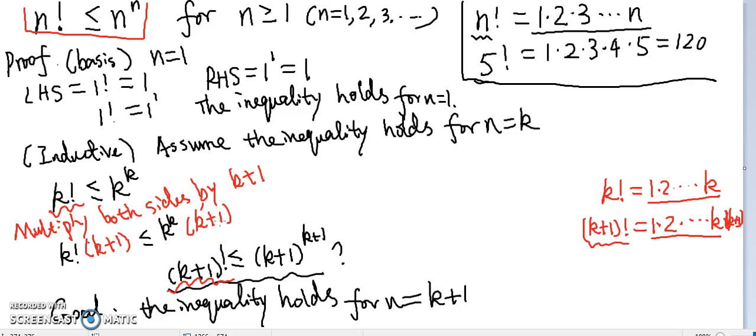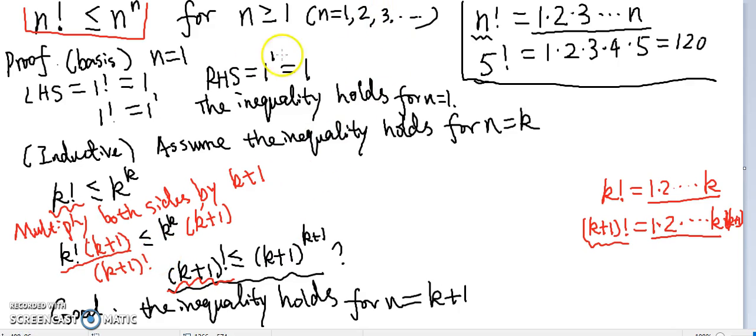Again, by the property of inequalities, if we multiply both sides by a positive integer, because k plus 1 is positive, the inequality will still hold. So less than or equal to will still be less than or equal to. Now we have a matching left-hand side, because k factorial times k plus 1 is exactly k plus 1 factorial, by the definition.